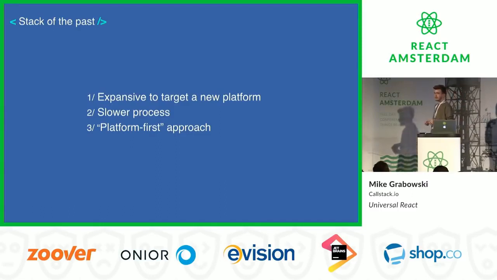And finally, there is the platform-first approach, where you release, for example, your iOS application first. It's not only bad for your product, but it's also going to upset your users if they feel abandoned. Take the example of Snapchat, which everyone knows was an iOS-first application.